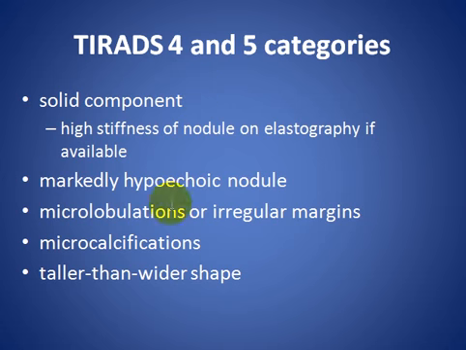What are the criteria for considering type 4A, 4B, 4C, or TIRADS type 5? Solid component, stiffness of the nodule on elastography if it is available, markedly hypoechoic nodule, microlobulation or irregular margin, microcalcification, taller than wide in shape.